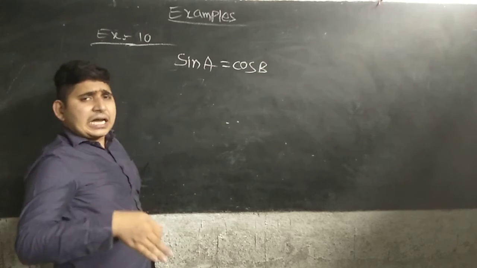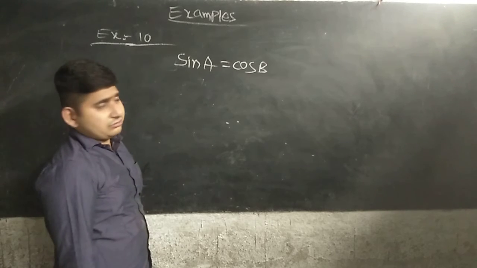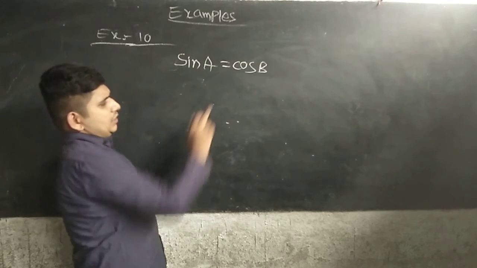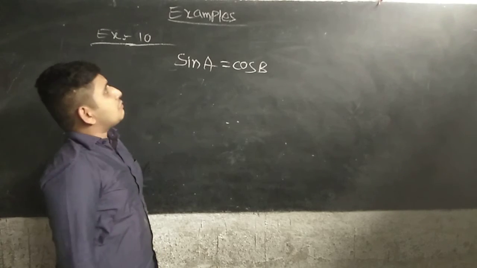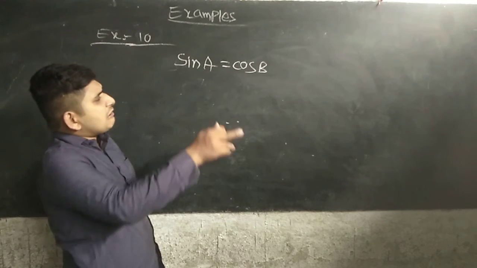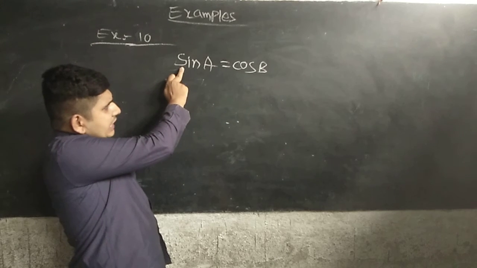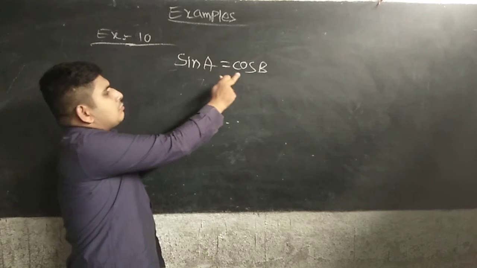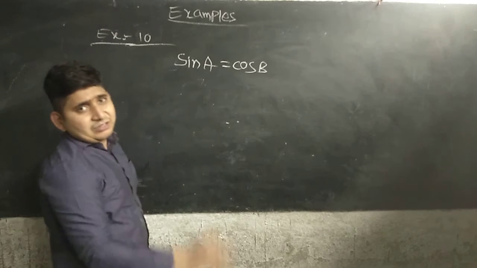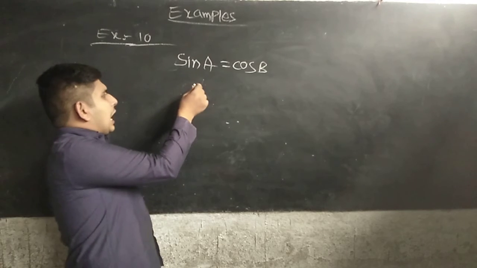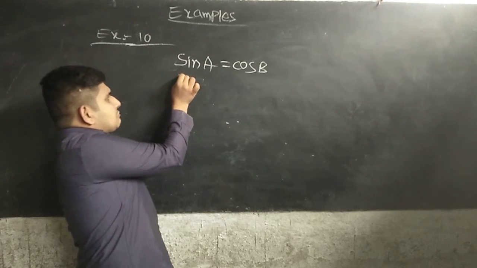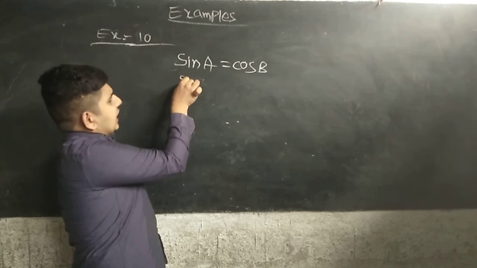This is the given question. So sin A equal to cos B. Same as in example number 9, we have to make the trigonometric ratios on both sides equal. For that I am using the trigonometric ratios of complementary angles.